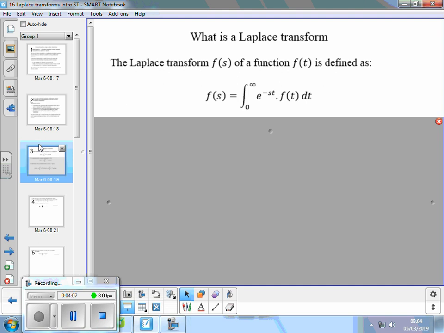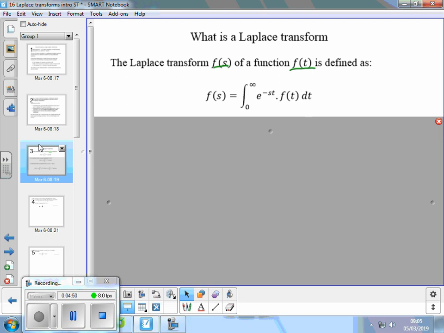Right. What is a Laplace transform? The Laplace transform, F of s, of a function f of t, where F of s is in the S domain and f of t is a function in the time domain, is defined as F of s being the definite integral between 0 and infinity of e to the minus st times the function with respect to time.